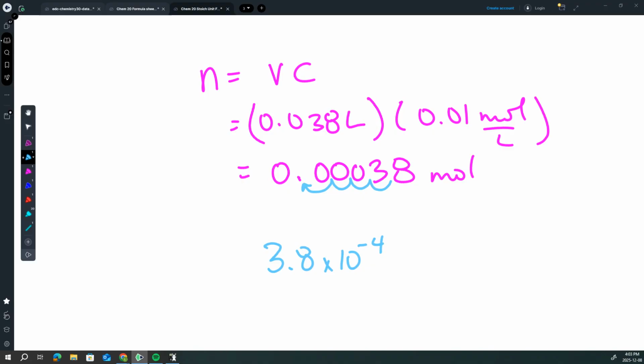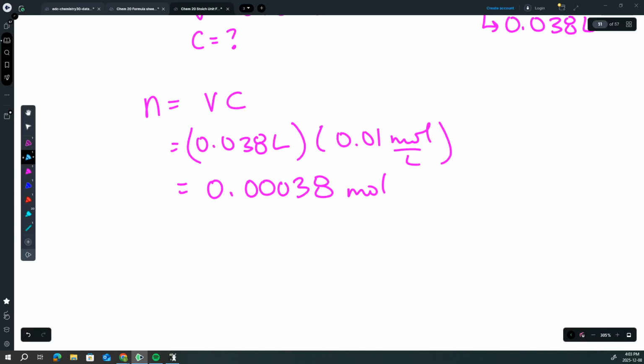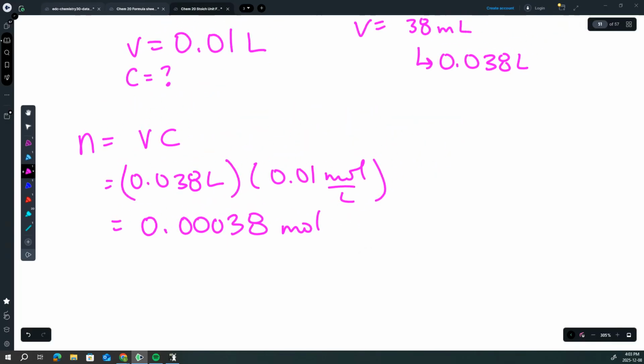That's why 3.8 times 10 to the negative 4 is the same number as 0.00038. Okay? This one's just in scientific notation. This one is just written normally. Both are the same number, and you could write it either way. Alright, so this is the moles of our hydrochloric acid.